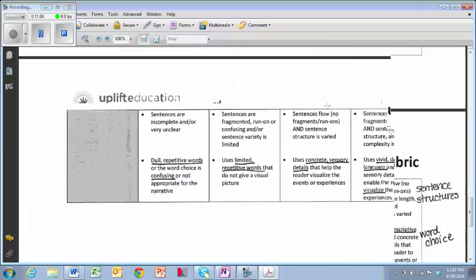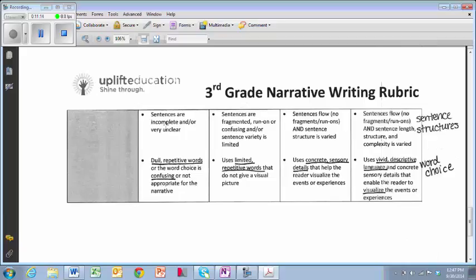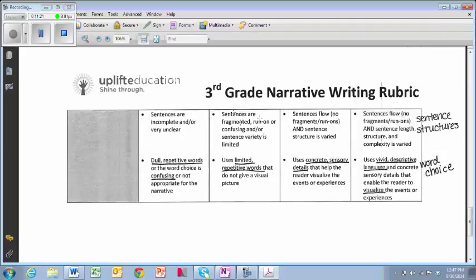When we come down to sentence structure, this has to do with how sentences flow and if they're using a variety of sentence structures. So for example, if they have a lot of incomplete sentences, you would really be looking at a level 1 for that. If sentences are fragmented or they're run-on sentences or they say very simplistic sentences over and over again, such as my dog is scary, I don't like to be scared, and just very basic sentences, it would be at a level 2.